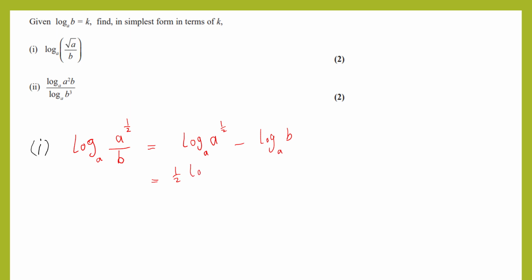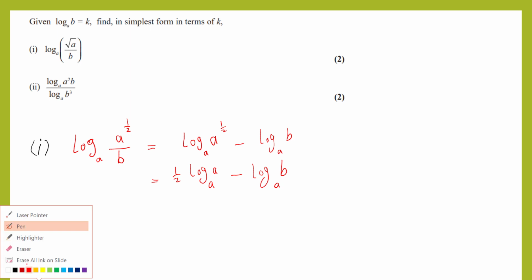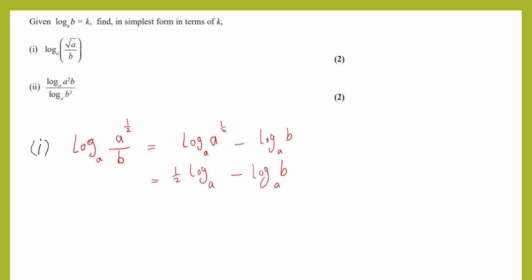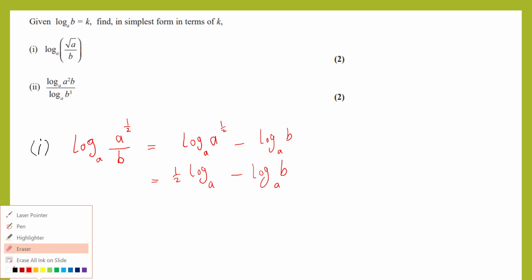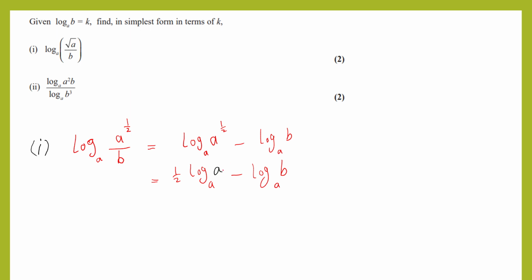You will be having half log a to the base a minus log b to the base a. So now we need to check how we can simplify this as much as we can. Log a base a will be 1, so remaining here only half. And here log b base a is k, so it will be half minus k.